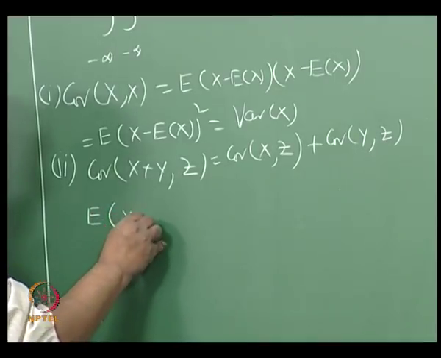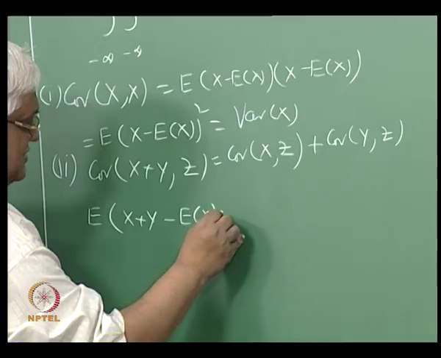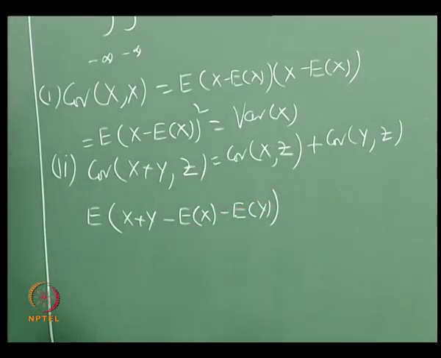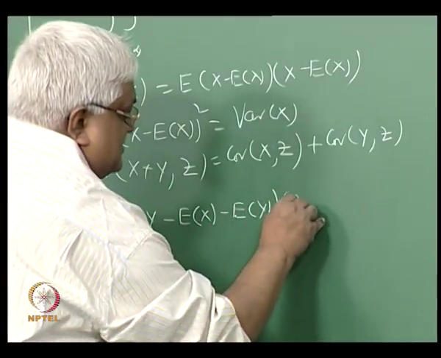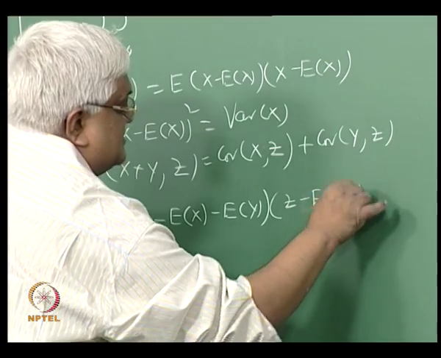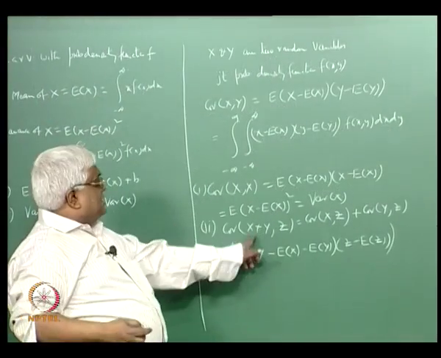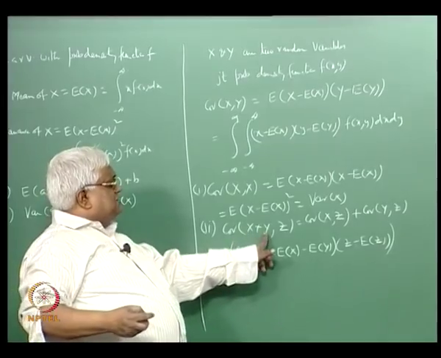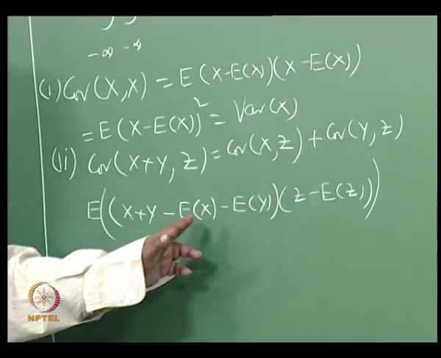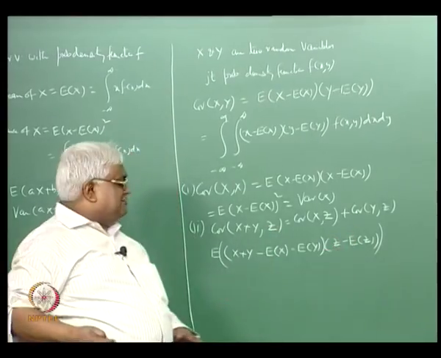Expected value of x plus y minus expectation of x plus y, where the expectation of x plus y is expectation of x plus expectation of y, multiplied by z minus expectation of z.